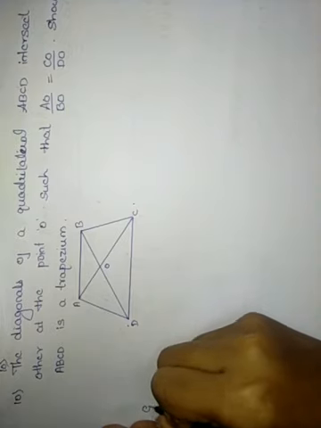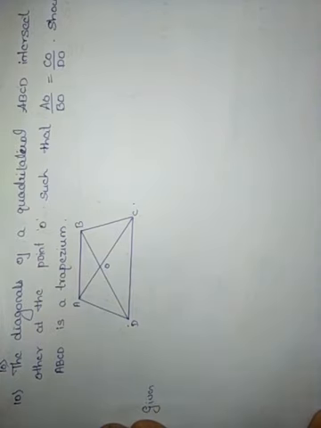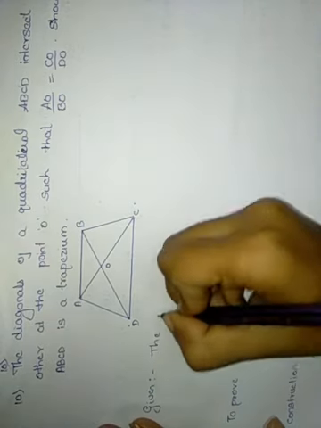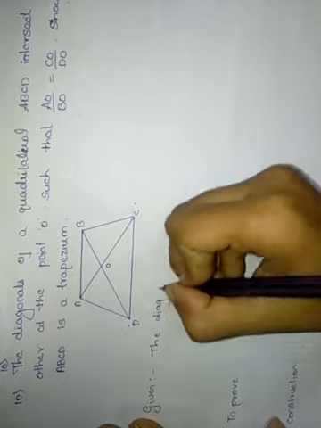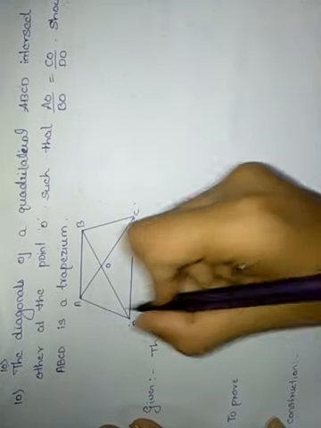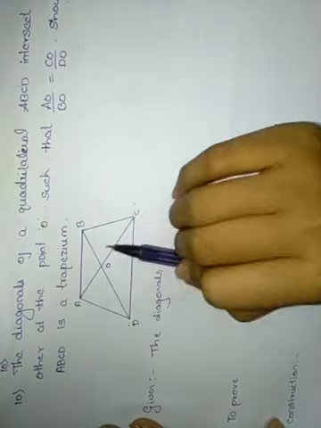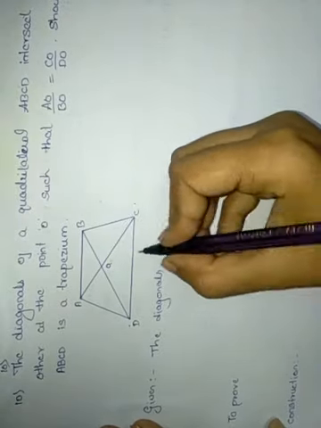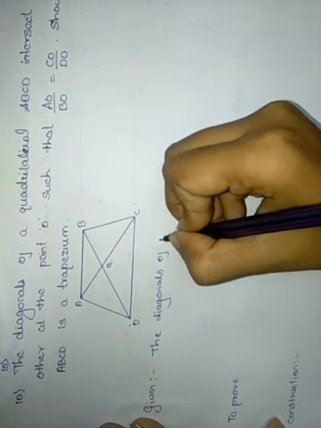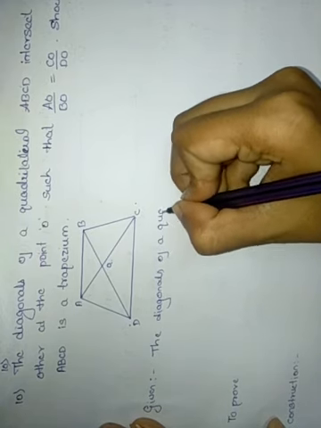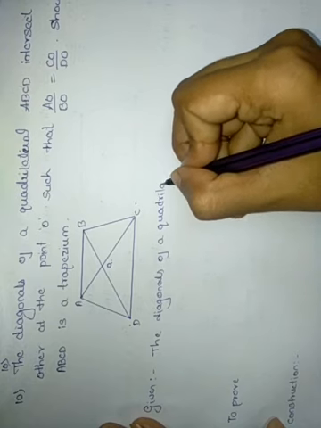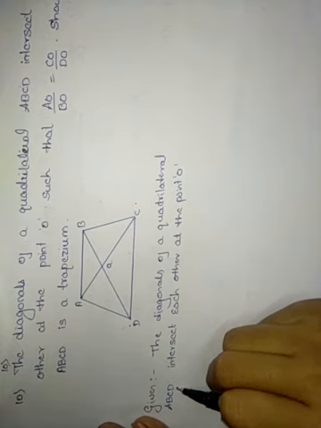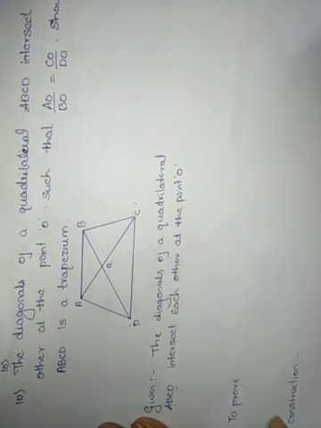Given: they have given the diagonals of the quadrilateral. They are intersecting at the point O. So we'll write, the diagonals of a quadrilateral ABCD intersect each other at the point O, right?